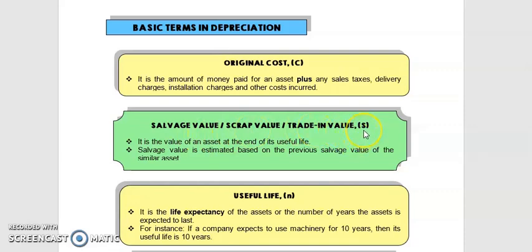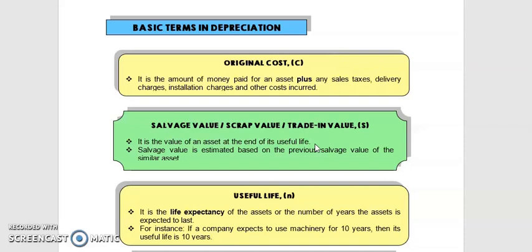Second one, salvage value, which we also call scrap value or trade-in value. We use capital S. Salvage value is the value of an asset at the end of its useful life. For example, just now we bought a car for 60,000 and we expect the car can be used for 15 years. At the end of 15 years, the value of the car is, for example, 2,000.